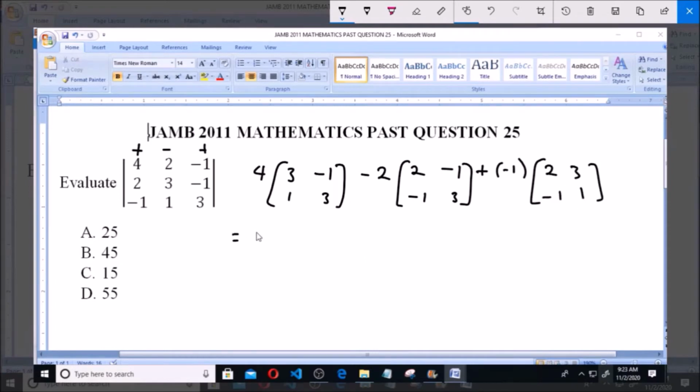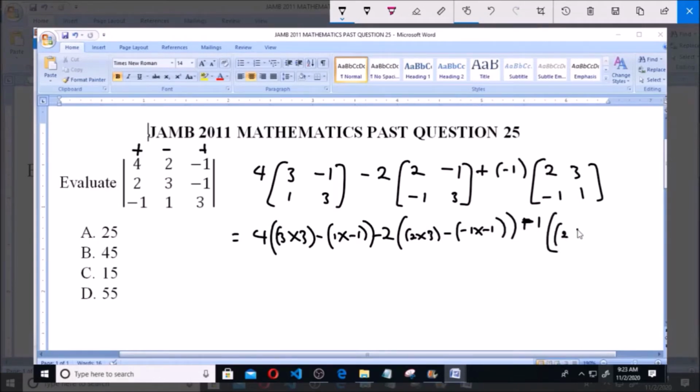Now this is equal to 4 into 3 multiplied by 3 minus 1 multiplied by minus 1, minus 2 into 2 multiplied by 3 minus 1 multiplied by minus 1, plus, since it's plus times minus, that will give us minus, so minus 1 into 2 multiplied by 1 minus 3 multiplied by minus 1.